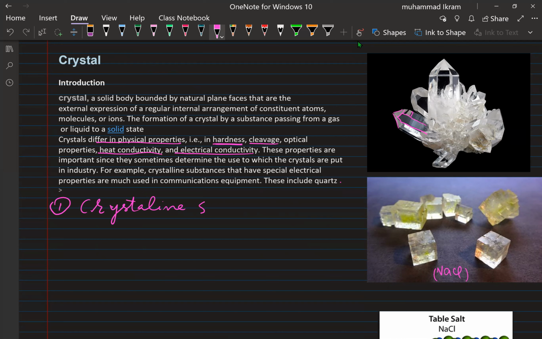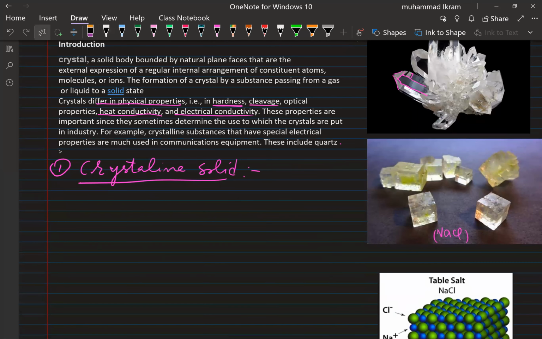In crystalline solids, the particles, that are atoms, molecules, ions, are arranged in a definite geometric pattern in a three-dimensional network. So we have a 3D geometric network.